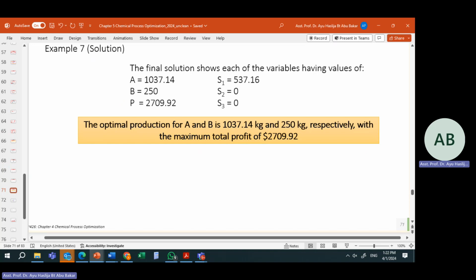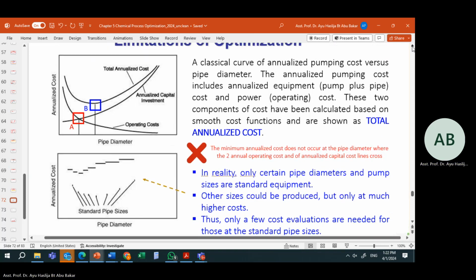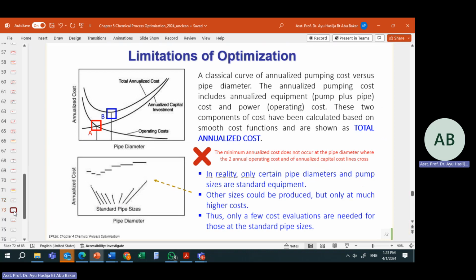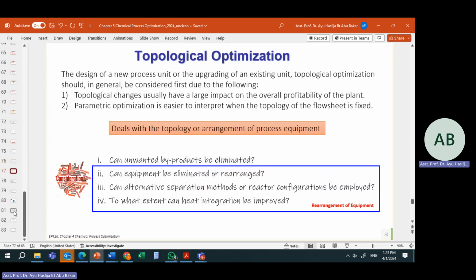Yeah, this one you please go through on your own. Now for the limitations, since all of these are theory, I leave it to you to read on your own, the limitations and the rest of the slides, for your own understanding.